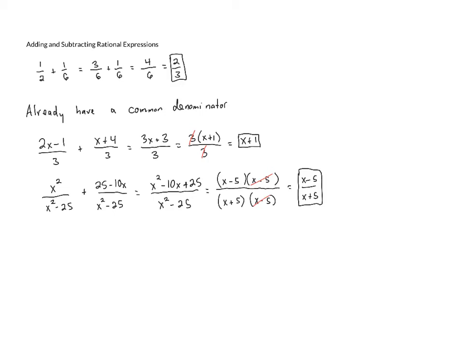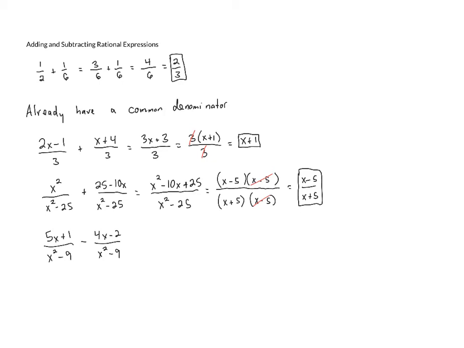We're going to do one more problem with common denominators, but this time we're going to look at a subtraction. Let's look at 5x plus 1 over x squared minus 9 minus 4x minus 2 over x squared minus 9.